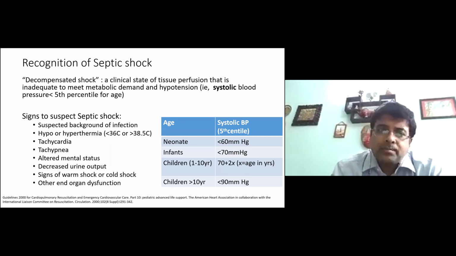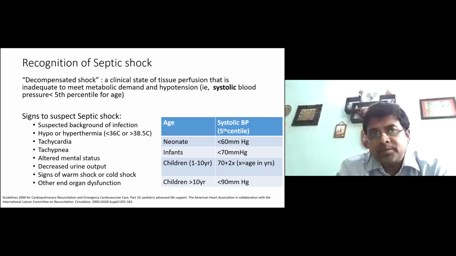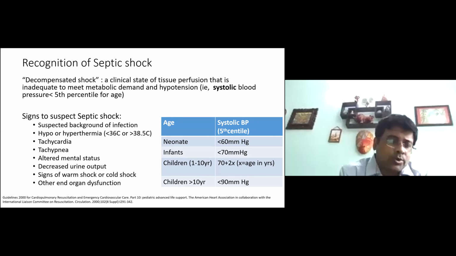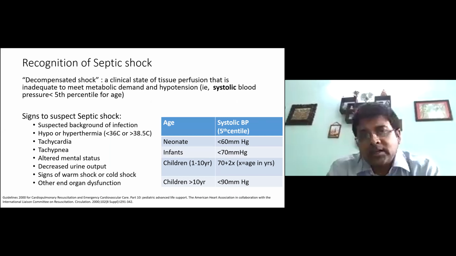For all practical purposes, we are going to look at septic shock and the septic shock guidelines, though we understand that in COVID pneumonia, not everything is going to be septic shock, so the management is going to mimic this. Decompensated shock is where tissue perfusion is not met. Then there is a phase of hypotension, meaning the systolic blood pressure is below the fifth centile.